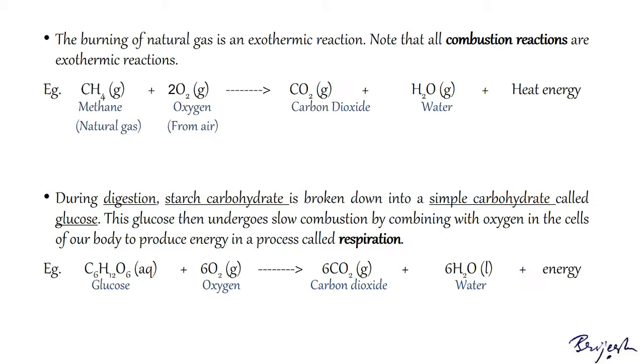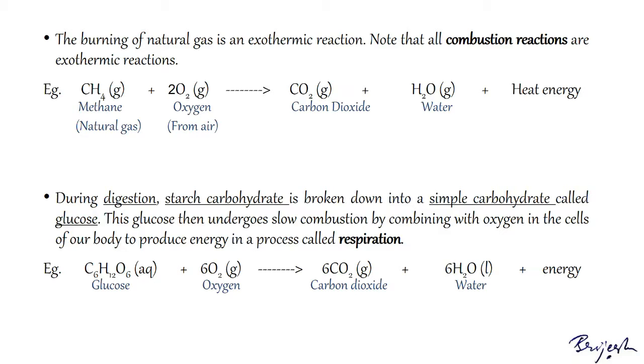This glucose then undergoes slow combustion by combining with oxygen in the cells of our body to produce energy in a process called respiration. In addition to other functions, this energy maintains our body heat. Now how can this chemical reaction be written? During respiration, glucose combines with oxygen in the cells of our body to form carbon dioxide and water along with the production of energy.